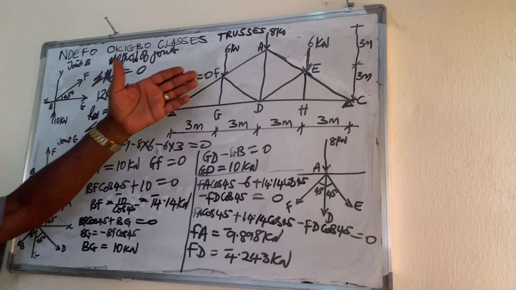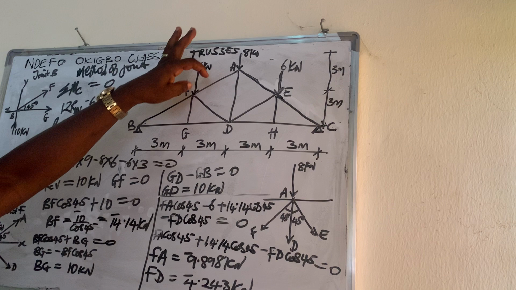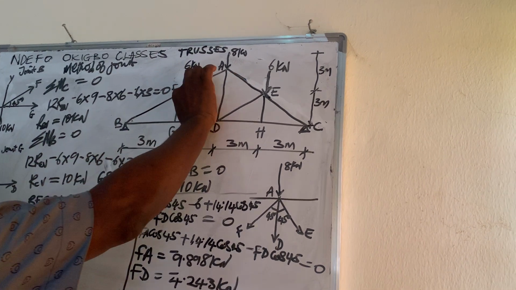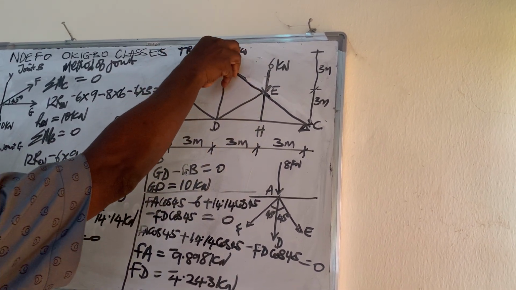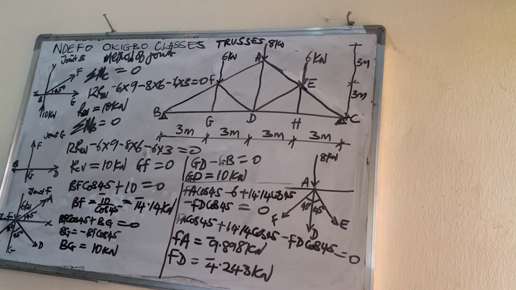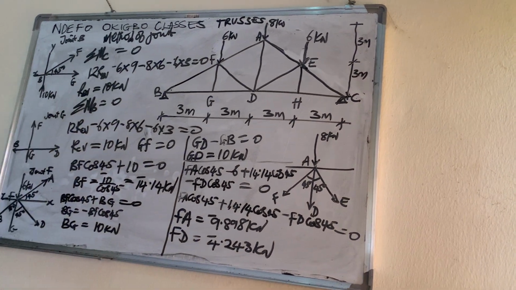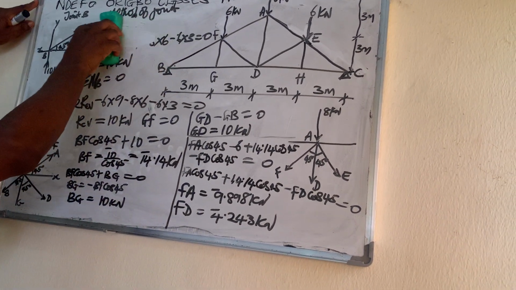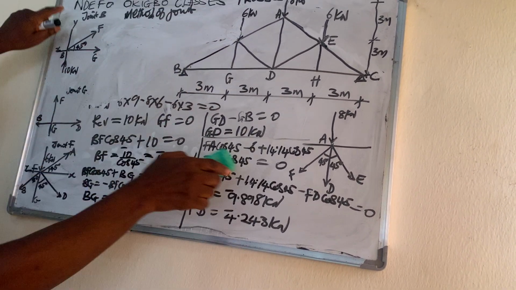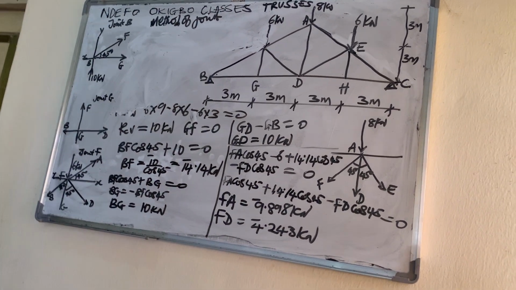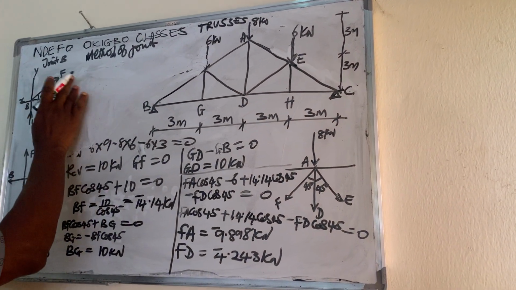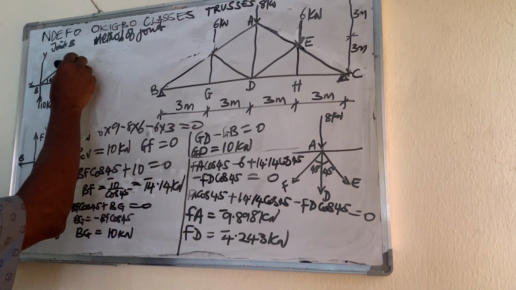Now, the only thing remaining is AD. For me to get AD, since I have FA, I cut joint A. Look at joint A here. At joint A, vertically, I have 8. 8 is pointing down, so minus 8.